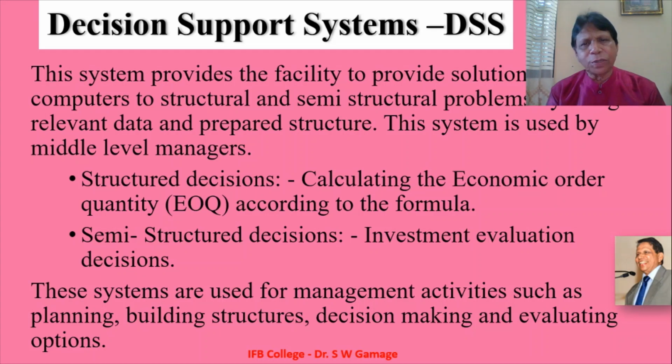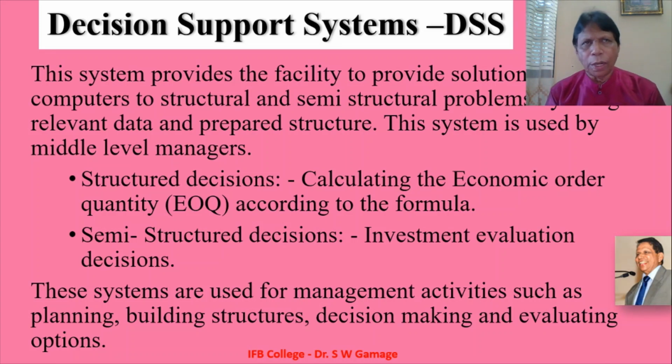Now, I would like to explain another system, the decision support system. This system is normally used by people who are using the management information system, and higher officers like the chairman and board of directors. Right? They also use this decision support system. The decision support system is structured in a semi-structured way.